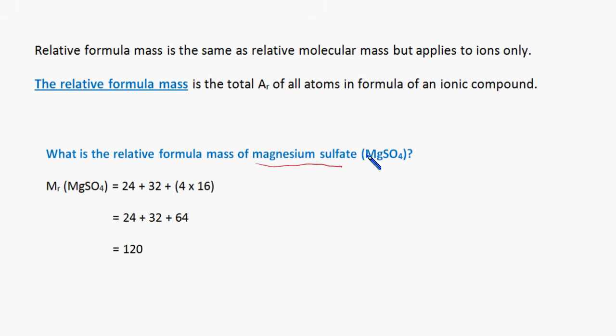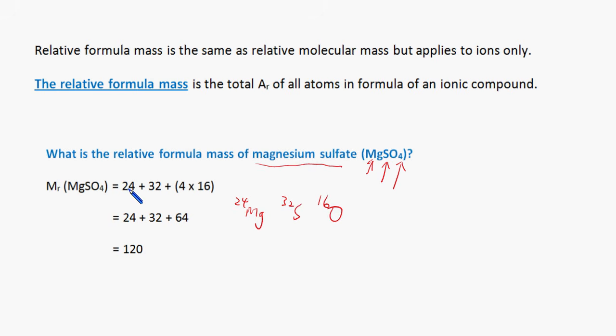So we have one magnesium atom, we have one sulfur atom, and we have 4 oxygen atoms. From the periodic table again, we know that magnesium mass number is 24, sulfur is 32, and oxygen is 16.